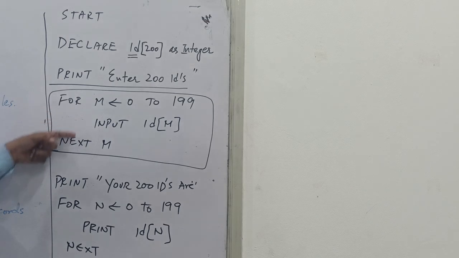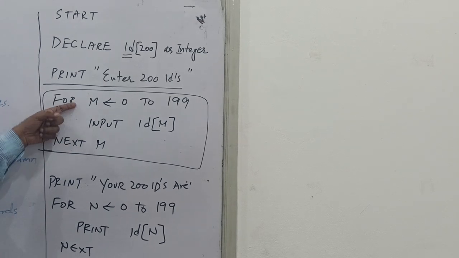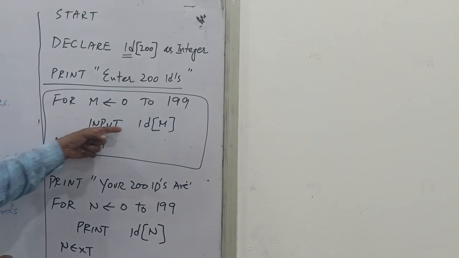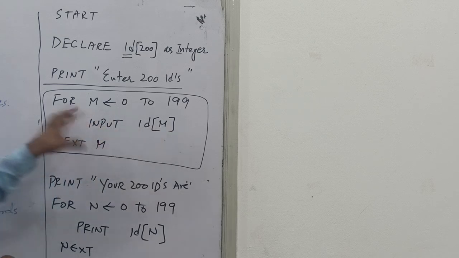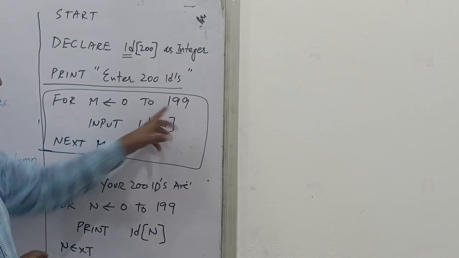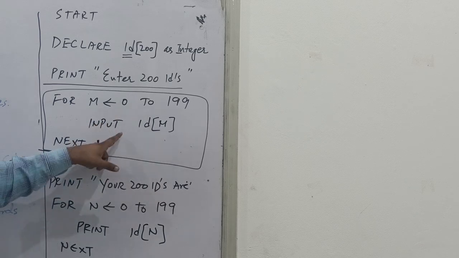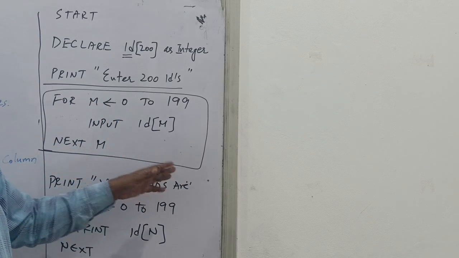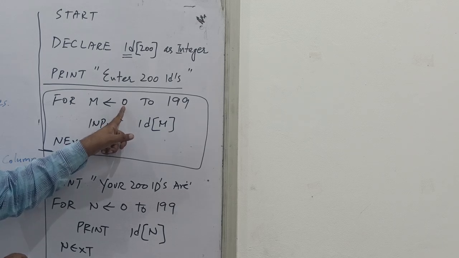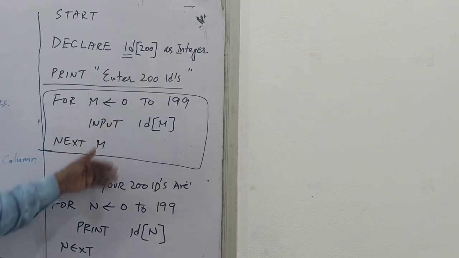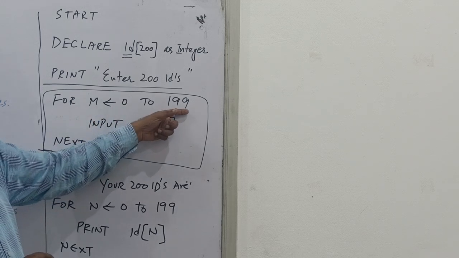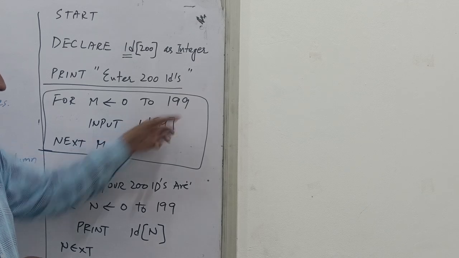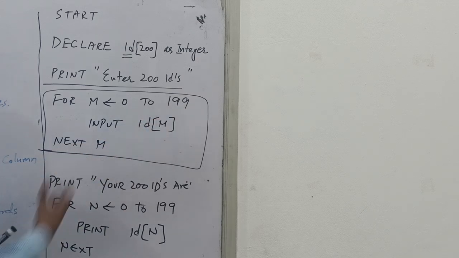I have placed the for loop over here, and inside it I am using input ID m. This is a loop for m is equal to 0 to 199. That means this loop will repeat 200 times. Its first repetition will be with m equal to 0, and its last repetition will be with m equal to 199.